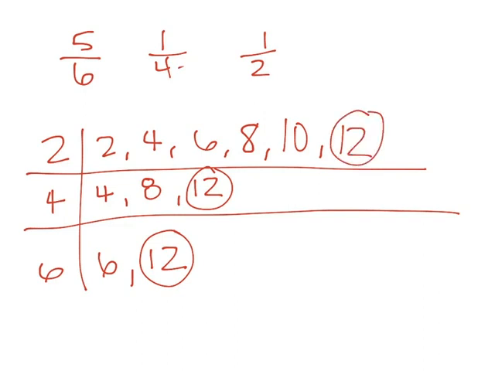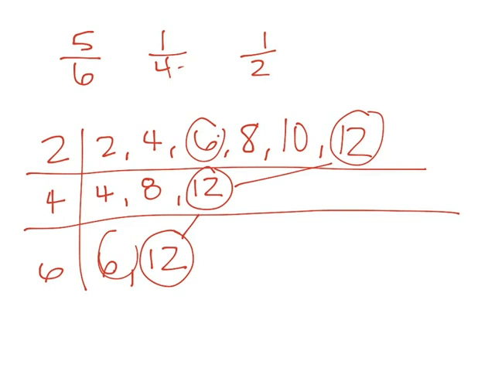So that's going to be the one that all 3 of these have in common, 12. So I could do 8 and 8 for the 2 and the 4, but down here 6 doesn't have an 8 in it, so I couldn't use that one. And I could use 6 and 6 for the 2 and 6, but 4 doesn't have a 6. So 12 is going to be my best bet.